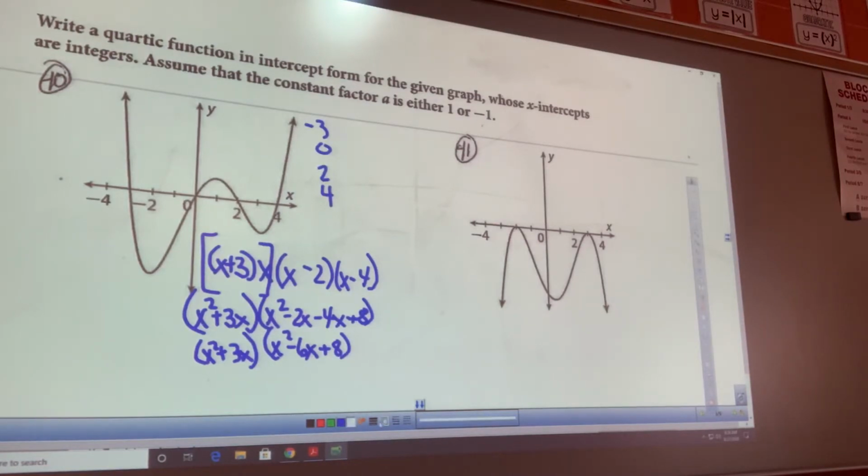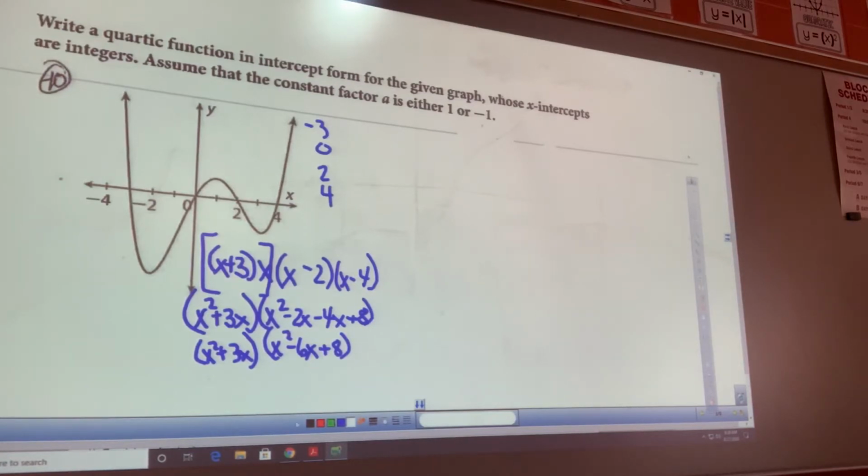So I'm going to show you how you need to do that over here. Okay, I'm going to rewrite that. X squared plus 3x times x squared minus 6x plus 8.